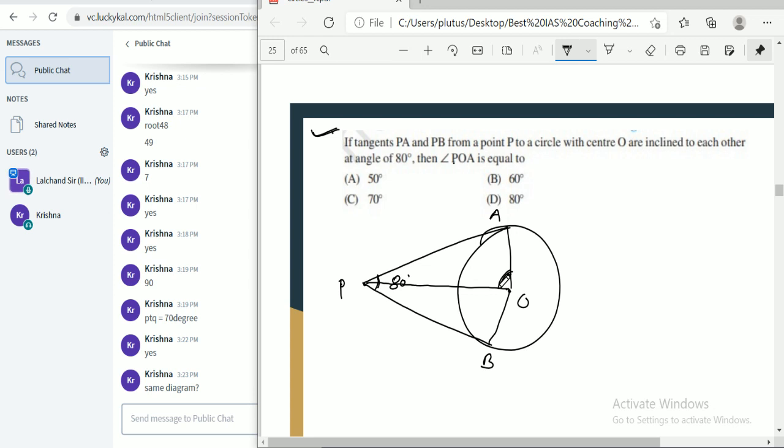Can you tell me what is the value of this angle? No, this is not 90. How can this be 90? What is the logic behind 90?